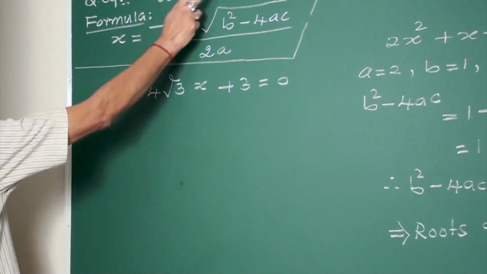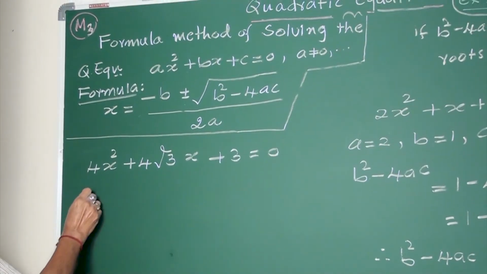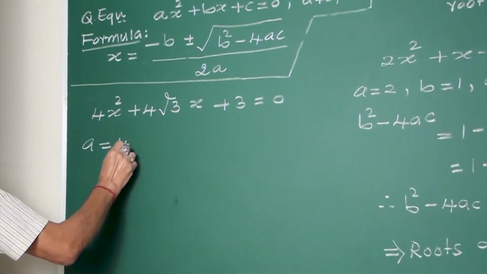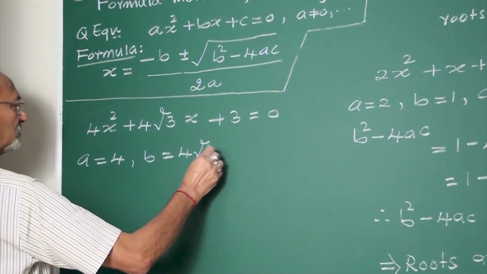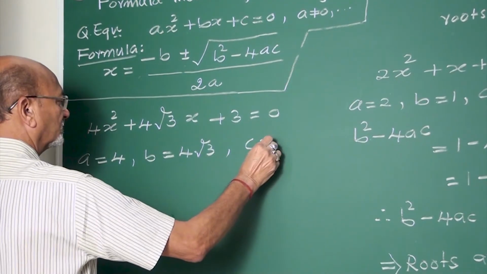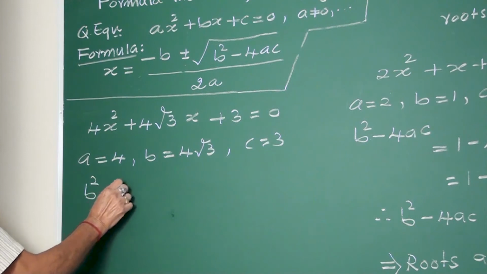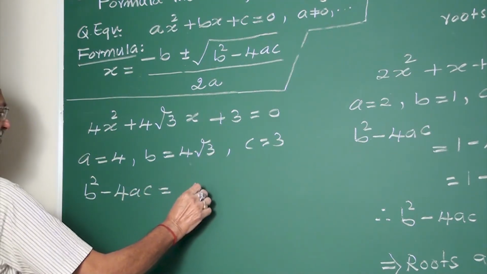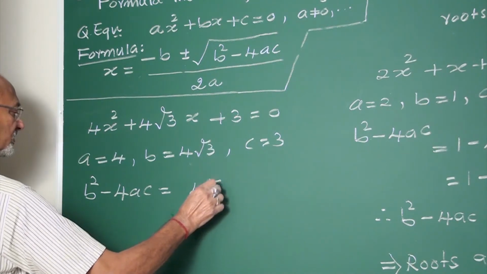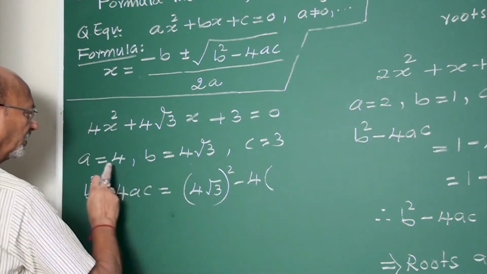This is also by formula method. Compare. A is 4. B is 4 into root 3. C is 3. First you have to find what? B square minus 4ac.